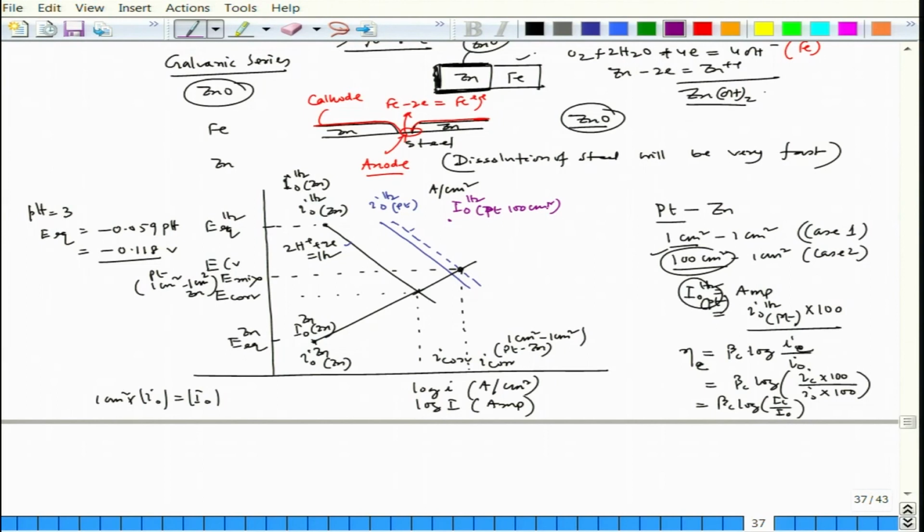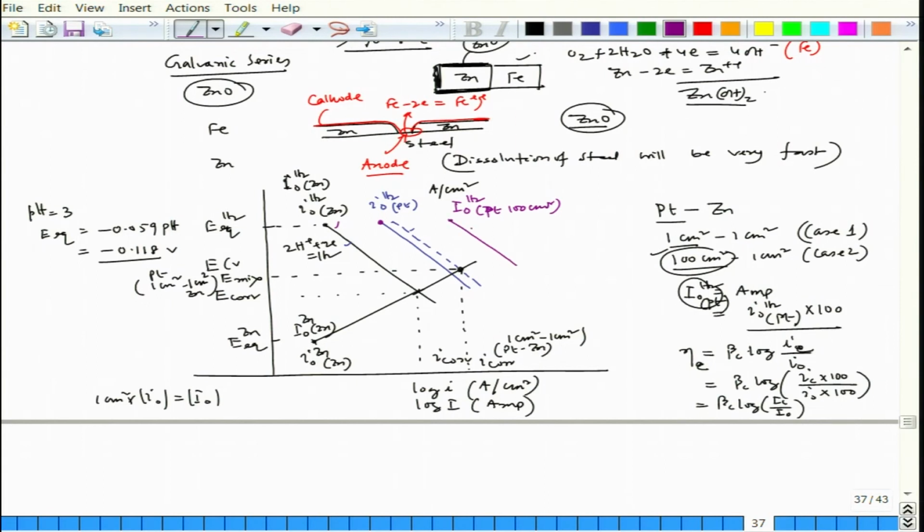But if we calculate small I 0, which is current density, it will be the same as this. Now, with this I have to add this current density, because the current does not change, since the area remains 1 centimeter square over the zinc surface.